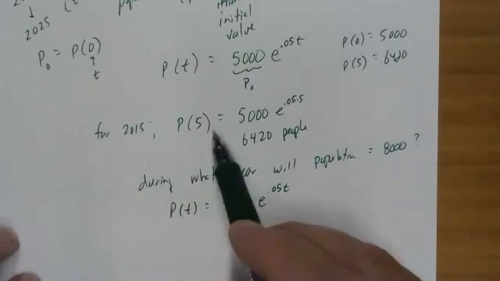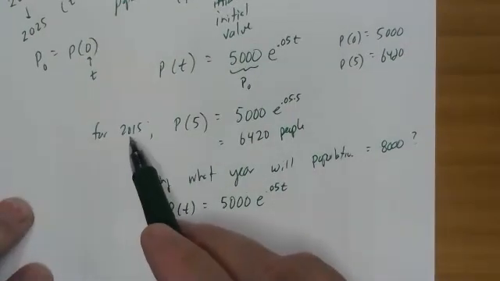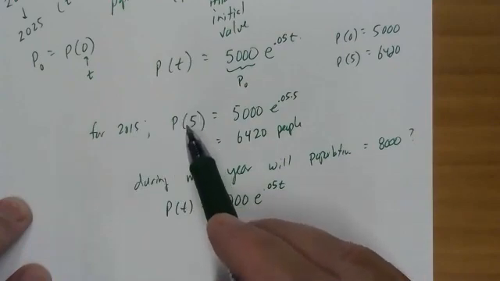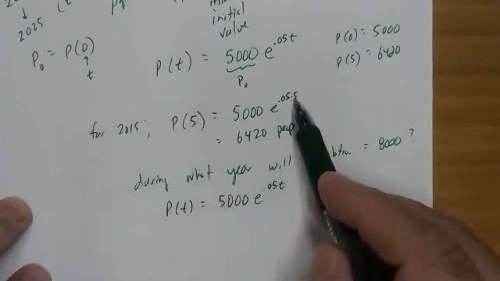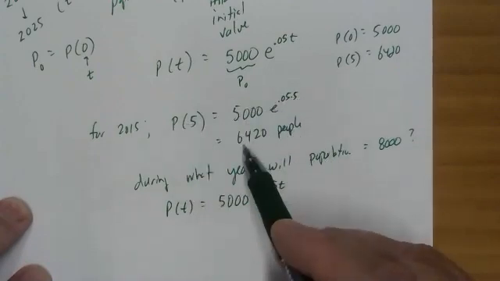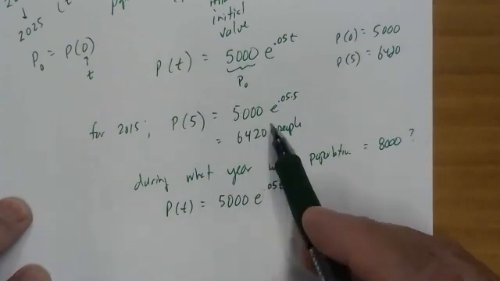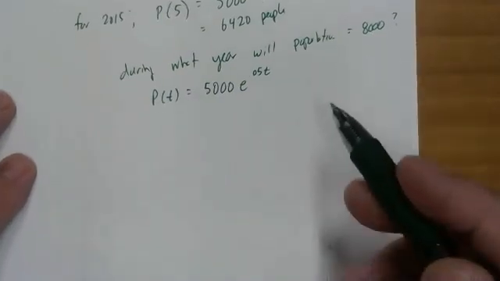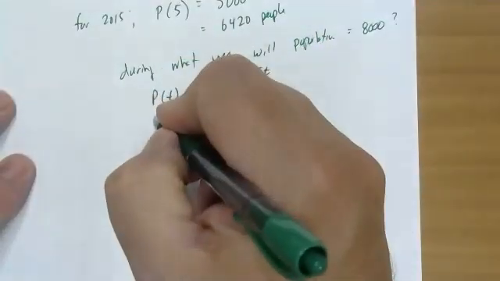See up here, when I said, what's the population for 2015, we set T equal to 5. We did the calculation and the population was 6,420. Now we're doing the opposite. I'm going to stick in a number for capital P. I'm going to stick in 8,000.